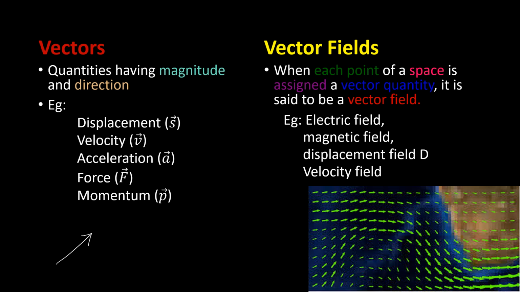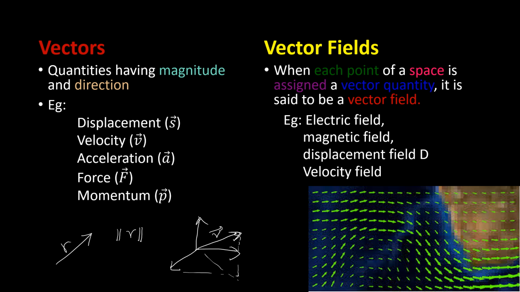The magnitude of that vector corresponds to the magnitude of the value, and the direction this arrow points is the direction of that vector. So in a particular coordinate system, if we have a particular vector, we can decompose these vectors into different components along the different directions. We can decompose this vector into parts.